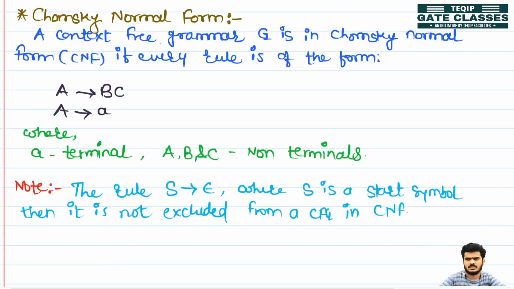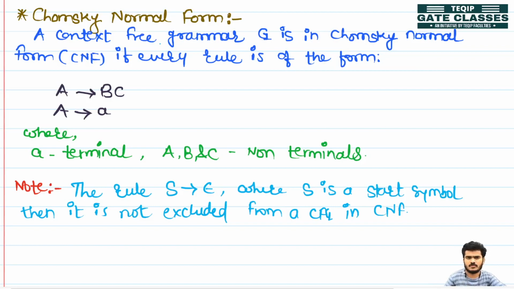What is meant by Chomsky normal form? It is a context-free grammar. Let's see the definition. A context-free grammar G is in Chomsky normal form if every rule or production is of the following form, either this form or this form.